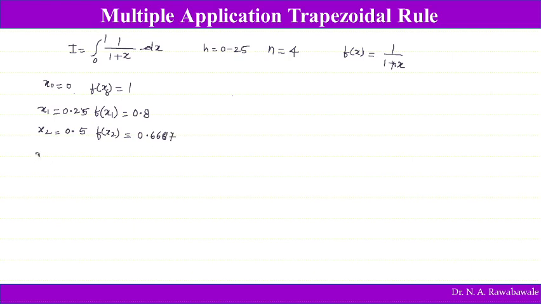And x3 is 0.75, then f of x3 works out to be 0.5714. And if x4 is equal to 1, then f of x4 is equal to 0.5.